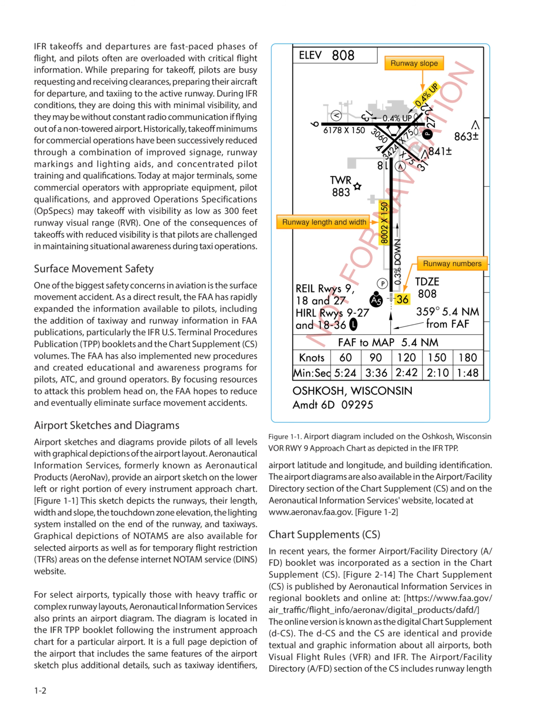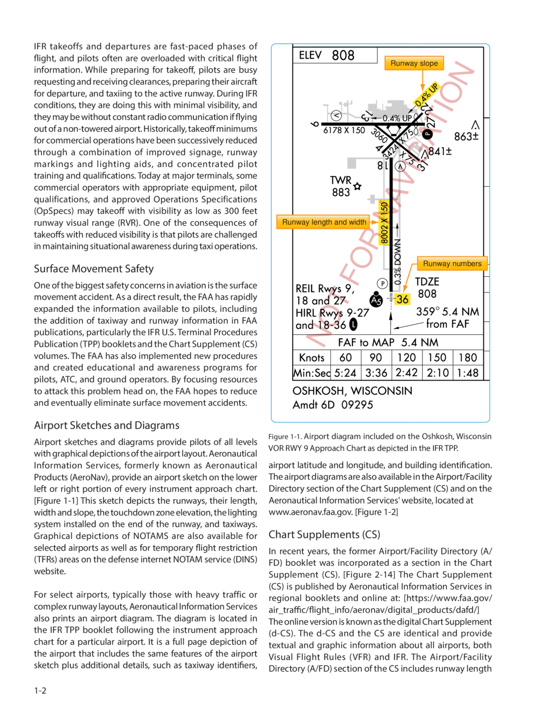Figure 2.14. The Chart Supplement, CS, is published by Aeronautical Information Services in regional booklets and online. The online version is known as the Digital Chart Supplement, DCS.